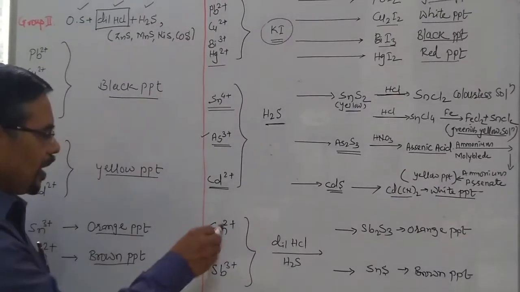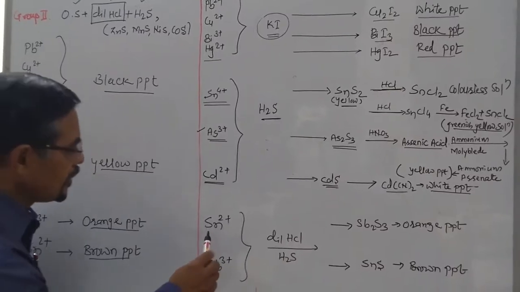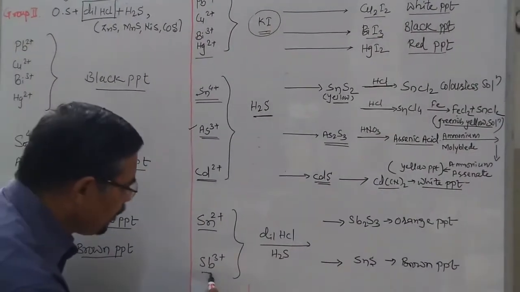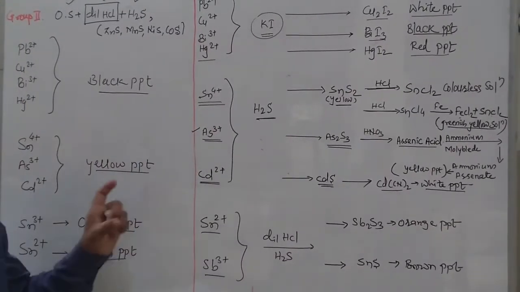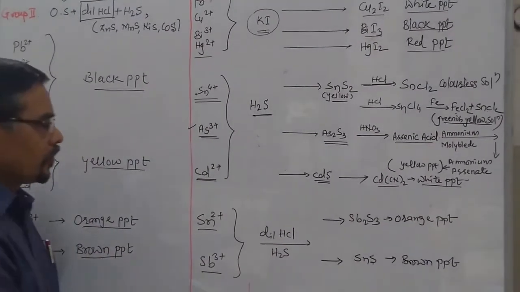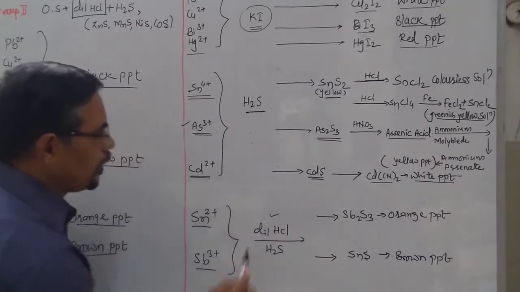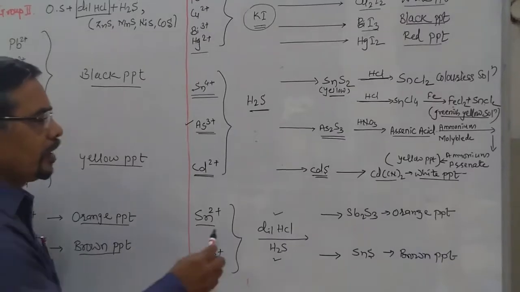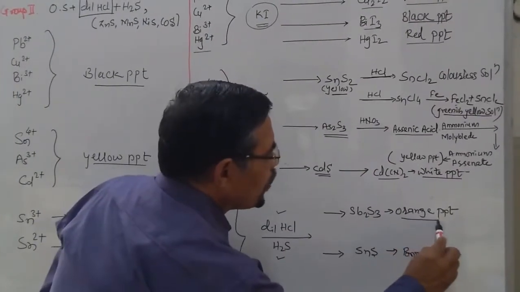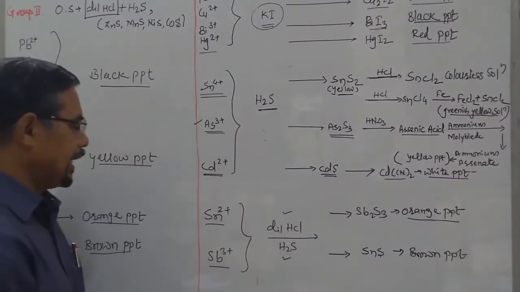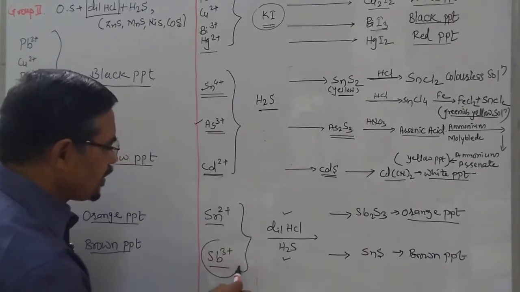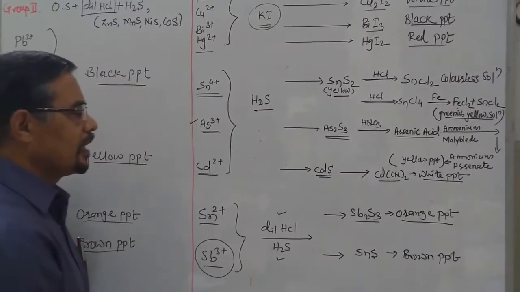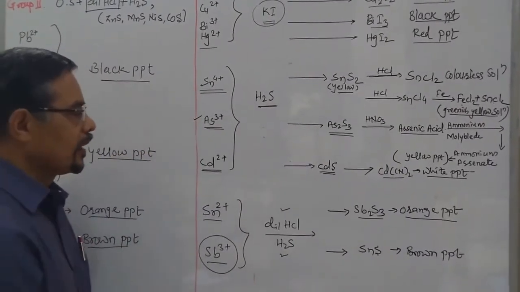The last part of this group 2 analysis is Sn2+ and Sb3+ ions if present in the original solution. In group 2, we know very well that dilute HCl and H2S are added. Here, if there is a formation of orange colored precipitate, that indicates Sb3+ radical that forms Sb2S3, that is antimony sulfide.